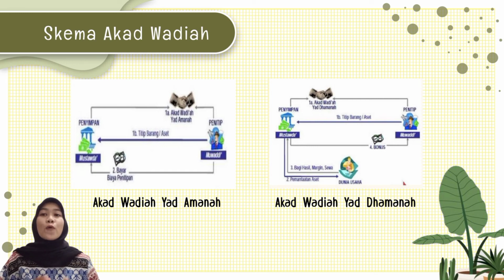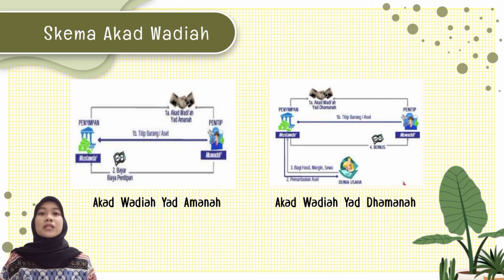And number 2, Wadiah Damanah contract scheme. If the money pledged in the Wadiah Damanah contract makes the bank a profit, the bank does not have the obligation to give a bonus, but generally banks give this profit as a gift or bonus to the customer voluntarily, and in Islam this is allowed.